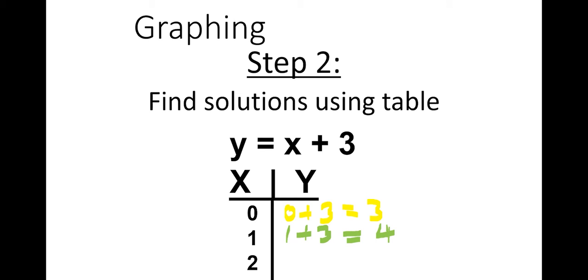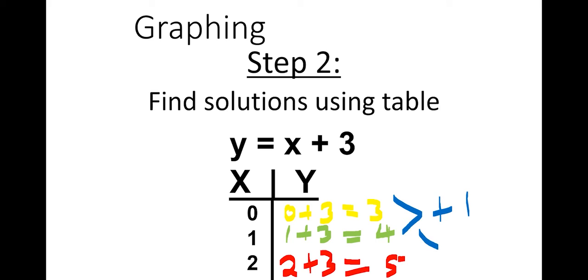If I plug in 2, 2 plus 3 gives me 5. What pattern do you see here? We are adding 1. A review: our slope here is 1. The rate of change is 1. Our y-intercept is 3.